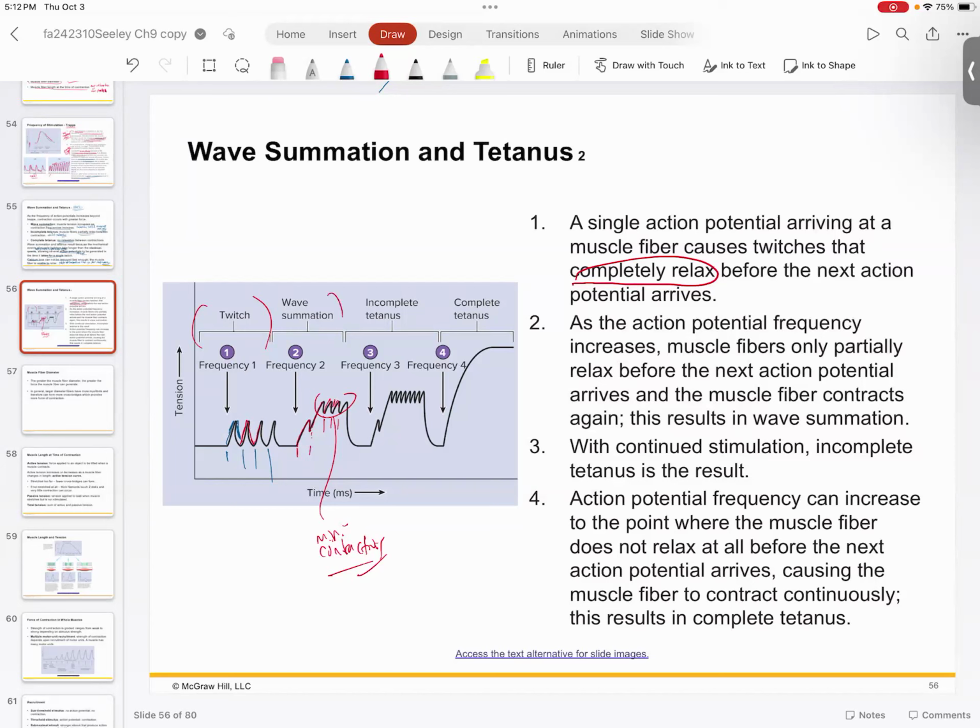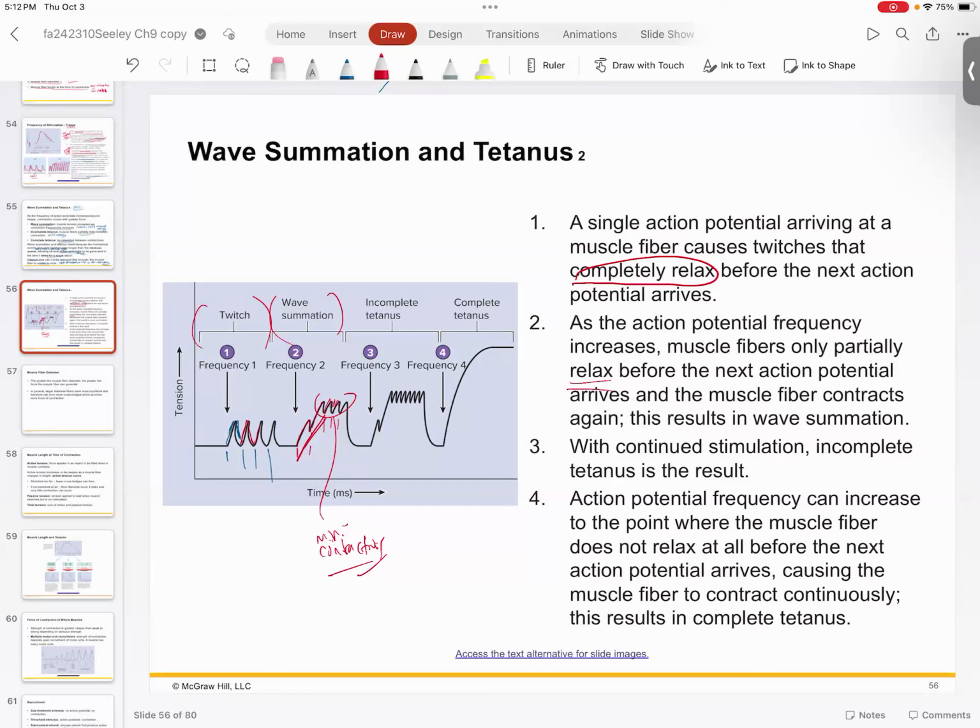This is what's called wave summation. So basically the action potentials will increase. There's only a small bit of relaxation before the next action potential fires off, so you don't really have a chance to do a whole lot. There's a little bit of a let down, but you can see here in this area, the waves are summing together to basically create a plateau.